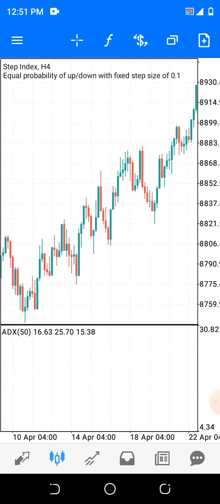Now, when the market is bullish, what you require is two higher lows, two points of higher lows. Now, let me explain what I mean.